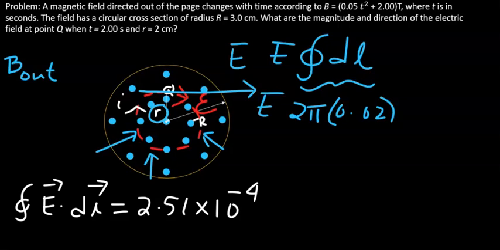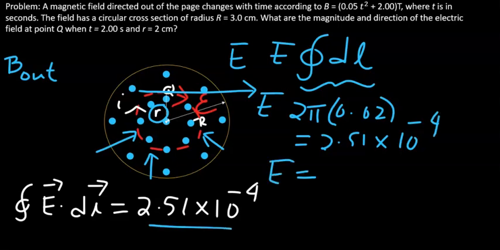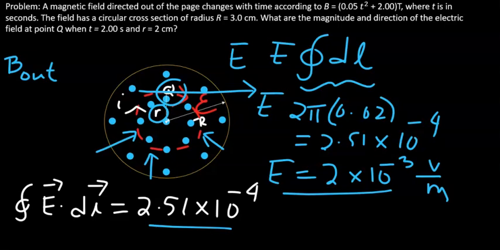So E times that equals 2.51 times 10 to the power minus 4, which is the induced EMF. And you can solve for the magnitude of the electric field at point Q. And it turns out to be 2 times 10 to the power minus 3 volts per meter. The direction of it at point Q is to the right, with that much magnitude. And that solves the problem.